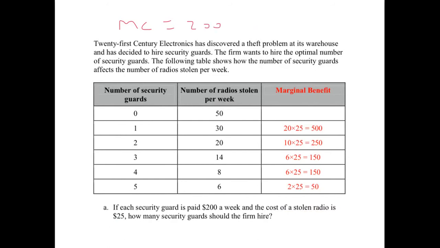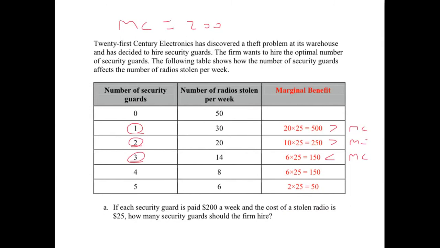So for the first security guard, marginal benefit is greater than marginal cost. For the second security guard, marginal benefit, again, greater than the $200 marginal cost. But for the third security guard, we run into a problem. Marginal benefit is less than marginal cost.